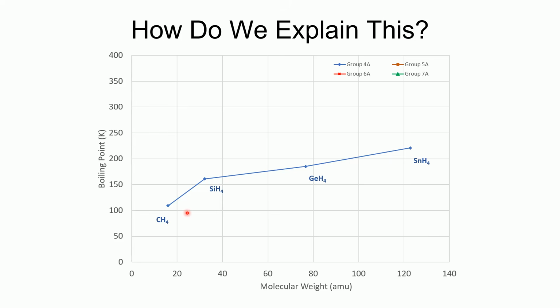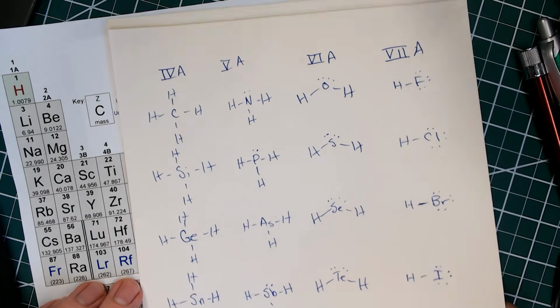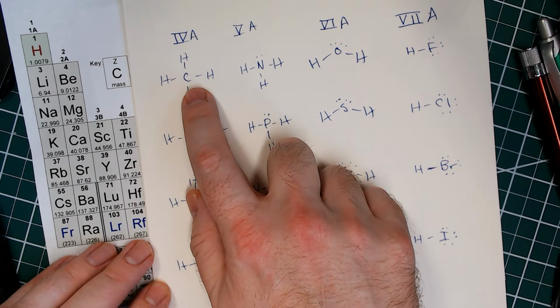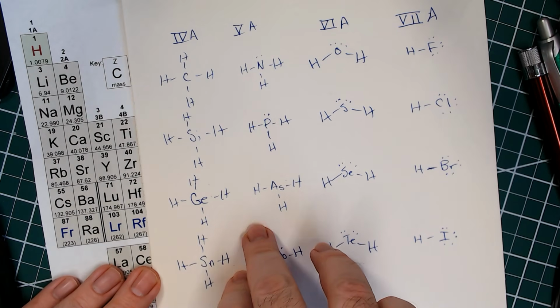All right, so here we've got the 4 compounds that are in group 4. So CH4, SiH4, GeH4, and SnH4. Now I've drawn these molecules here on this piece of paper, and you'll notice that there are no lone pairs on the central atom, so none of these are polar at all.